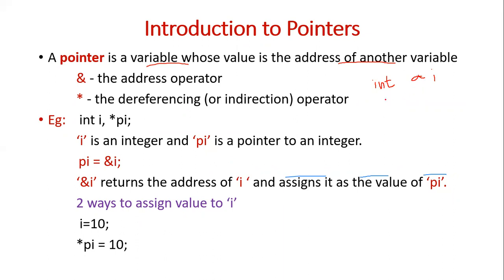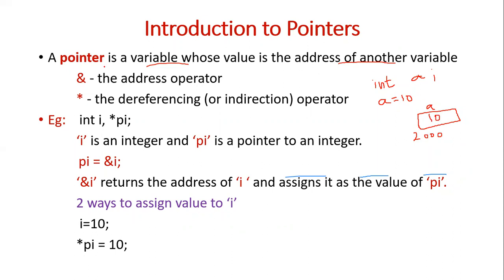If I say a is equal to 10, what happens? a is a variable and some memory will be allocated for a. This a is the name of the variable. That's all. a is just a label to this location, but this location will have some address. Let us assume that address is 2000. The address of this location is 2000. And what is the value of a? 10. So 10 will be stored here. Fine, this is with respect to a.